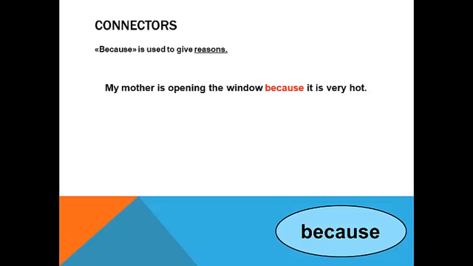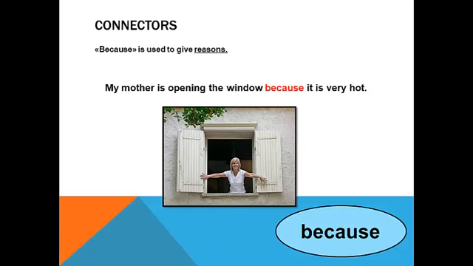So the example says, my mother is opening the window because it is very hot. As you can see in this example, my mother is opening the window because it is very hot.